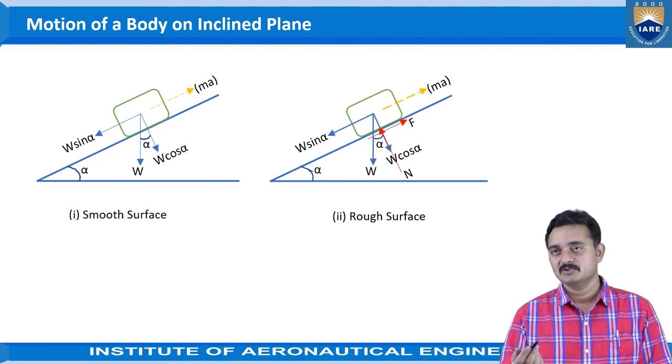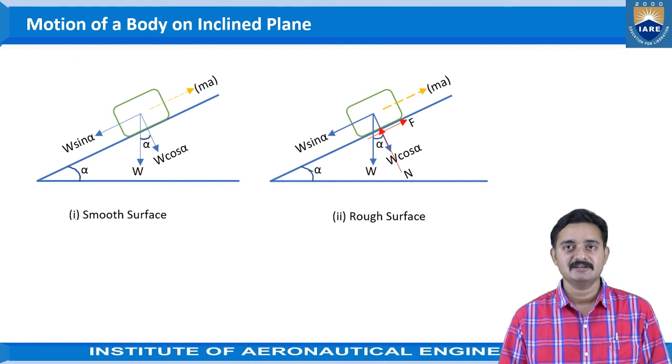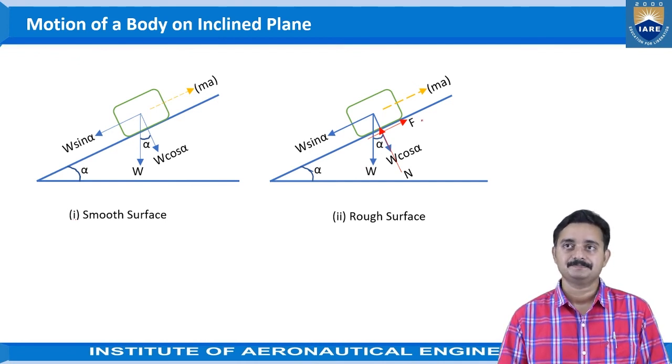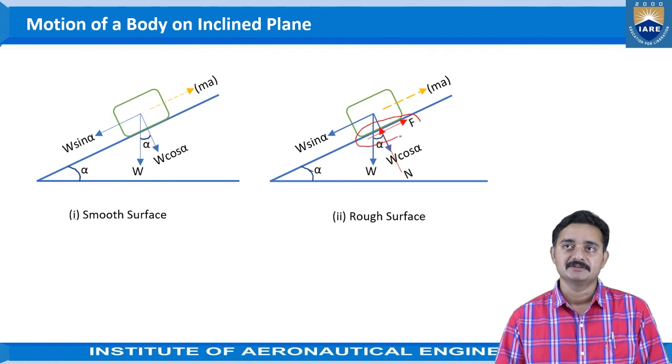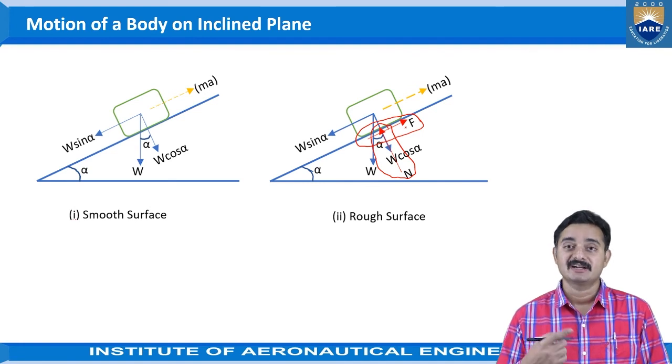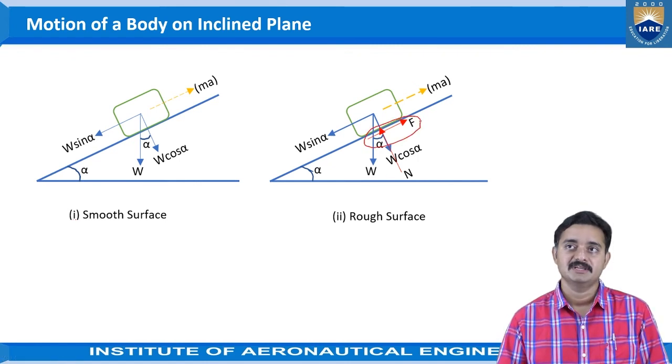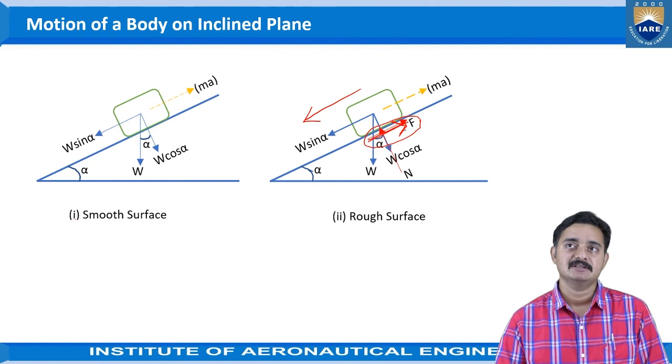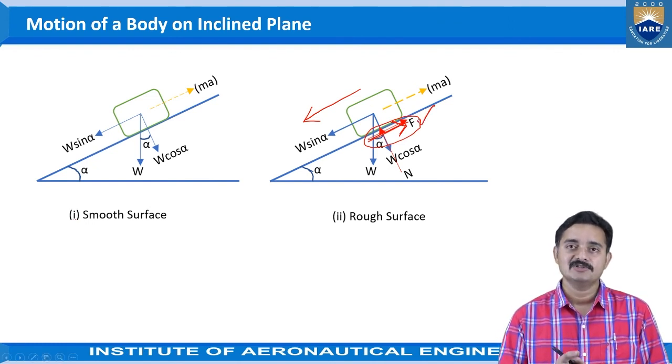In this case, the surface is rough as well as inclined. So friction and normal reaction come into the picture. Here the frictional force F acts in the up the plane direction, because the object is moving in the down the plane direction and friction acts opposite to the movement of the object.